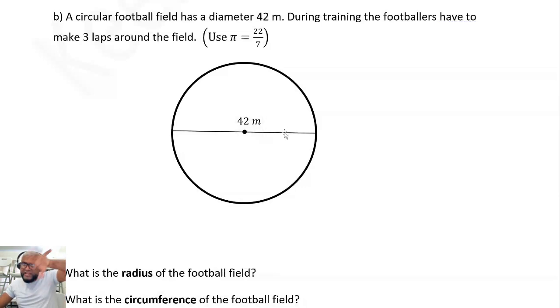So a circular football field has a diameter of 42 meters, right? Everybody lock in. Empress, why is your camera off? I know Empress's camera is working on it, so it's not working today. Nyron Sukdeo, what's going on with your camera? Welcome to the class, by the way, Nyron. I know today's your first day.